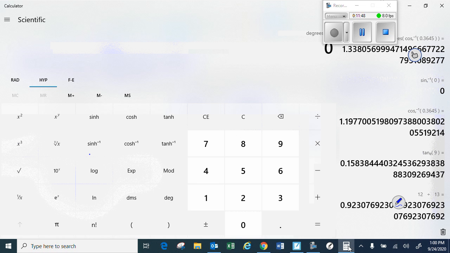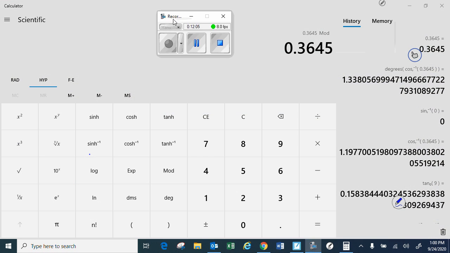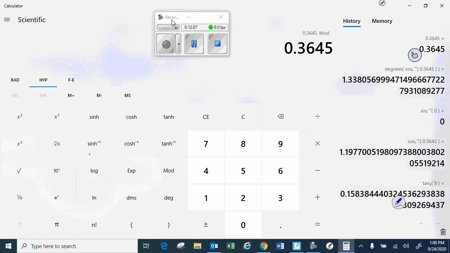I thought if I hit degrees, it would be in degrees, but it's not. Mode, degrees. Okay, let's try that.